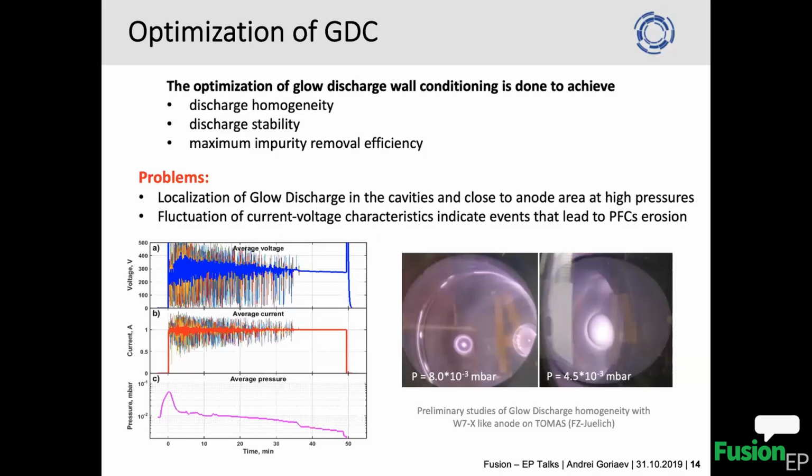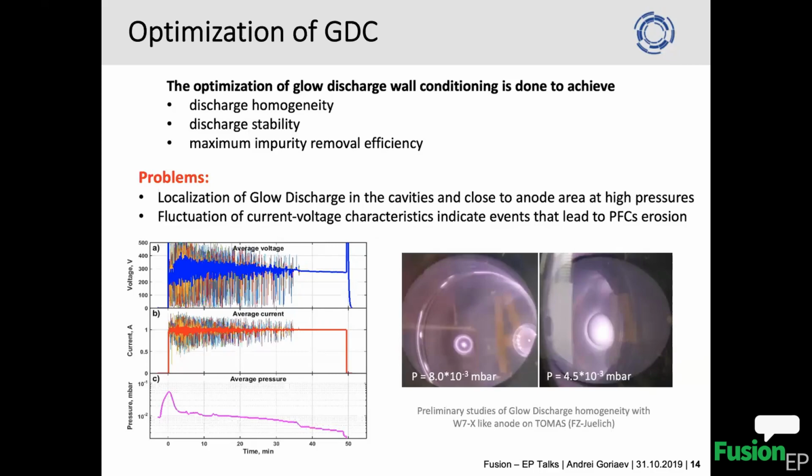In case of W7-X, we can ignite glow discharge at really high pressure, and the glow discharge is not stable. You can see in the picture that at high pressure it's located in the cavities. So it means first we have some arcing, and it's concentrated in some cavities and in the vicinity of the anode.